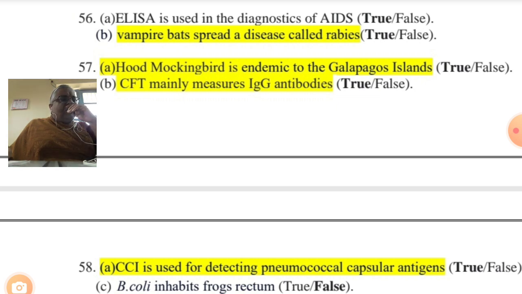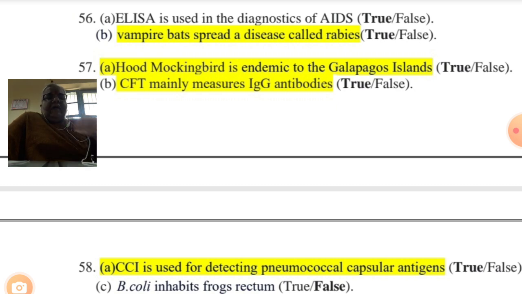Like this, we have a few species which are endemic to our Western Ghats. Okay. Then 57B is CFT, that is complement fixation test, another molecular diagnostic tool for infections. CFT mainly measures IgG antibodies. It is true because CFT basically works with that.